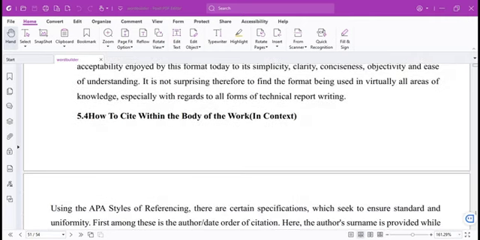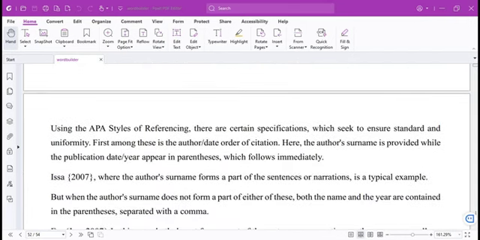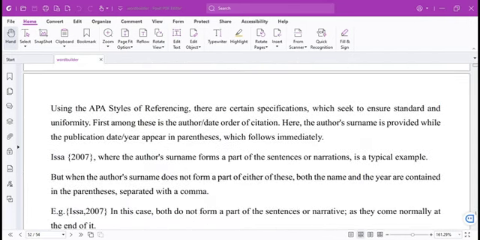Nobody wants unnecessary stress. How to cite within the body of the work in context. Using the APA style of referencing, there are certain specifications which seek to ensure standard and uniformity. First among these is the author date order of citation. Here the author's surname is provided while the publication date or year appears in parentheses, which follows immediately.